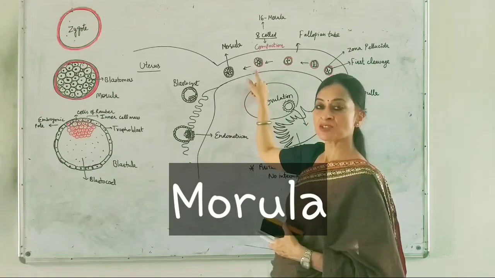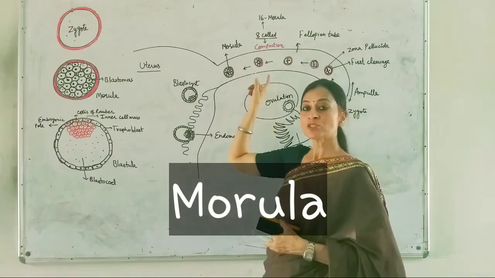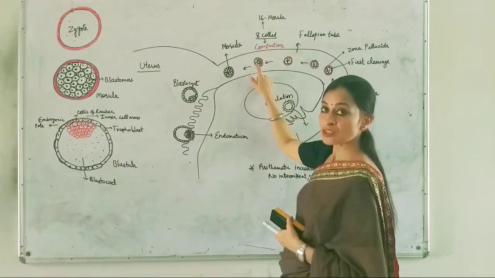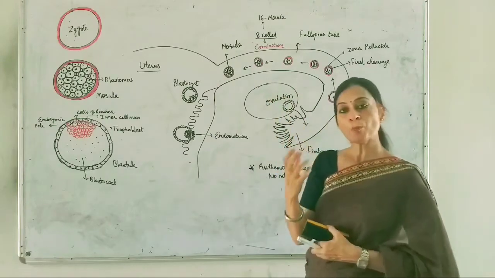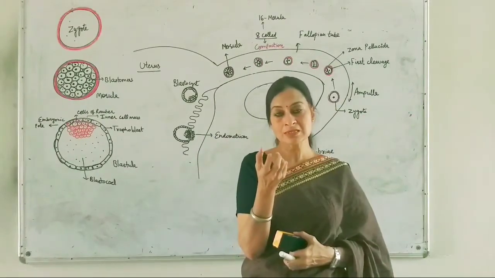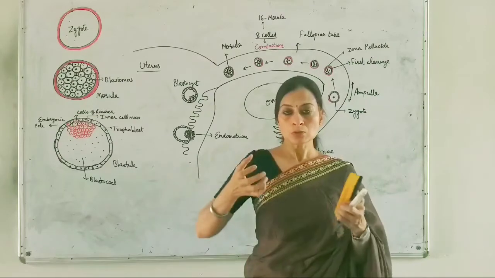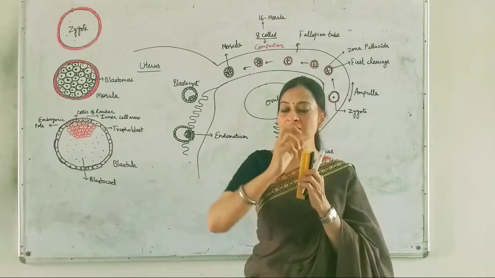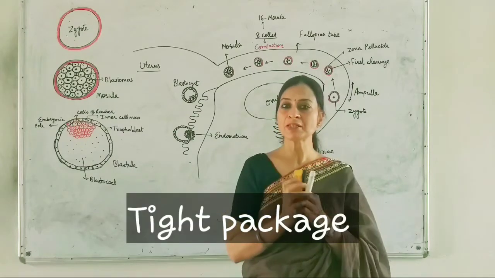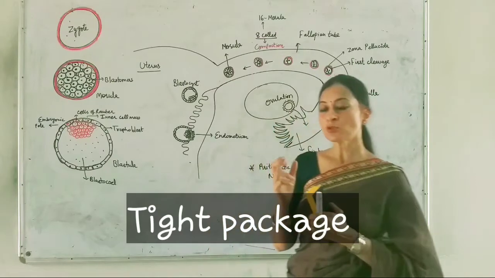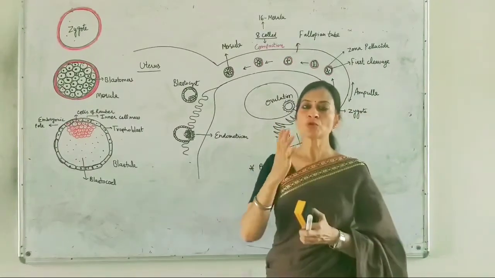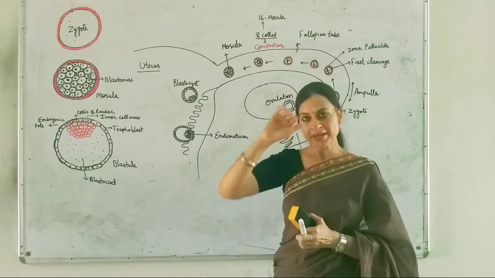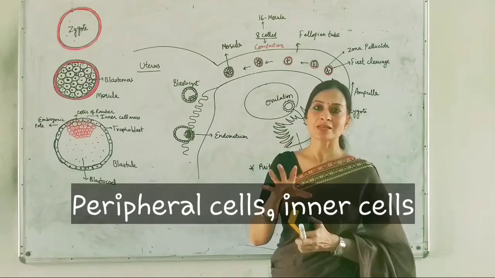This is a specialized structure, the morula, and in this morula stage, the cells undergo a compaction phase. Means they start arranging themselves in such a way that there is very little space in between them. And this compaction will result in the formation of two types of cells: peripheral cells and inner cells.